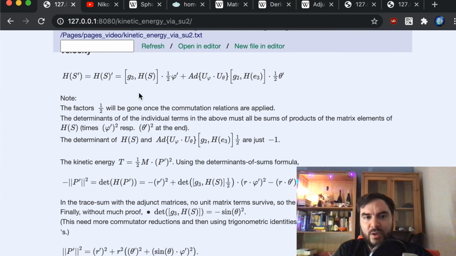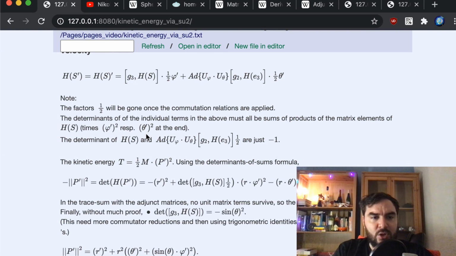But here I'm just arguing that whatever survives by taking the determinant is just whatever trigonometric functions are part of this thing, right? Because these matrices have just matrix coefficients plus minus 1, plus minus i and nothing else. So the only thing that can survive is sines and cosines of theta and phi, and then these terms that are here. If you compute the determinant of this thing, we can pull out the scalar and square it, and we're done with that.